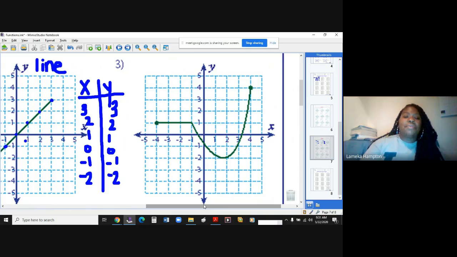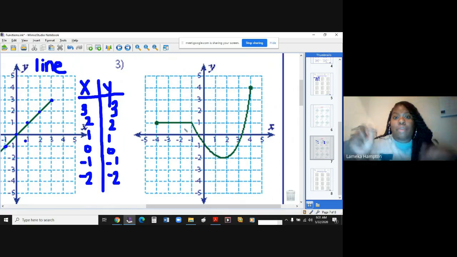Okay, so let's look at it. I don't know what kind of function this is. I believe there is a name for it, but I honestly can't remember what it is at this moment. So if you know what the name of this function is, please drop it down in the comment section because I forgot. But as we see here, we have 4, 4.